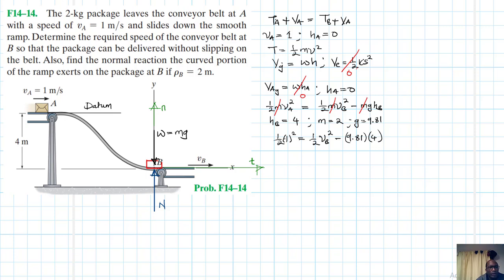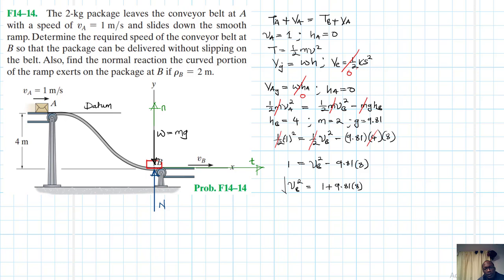So we can cancel out this, and once we do that, we have 9.81 by 8. So this becomes 1 equals VB squared minus 9.81 times 8. Therefore, VB squared is just going to be equal to 1 plus 9.81 by 8.